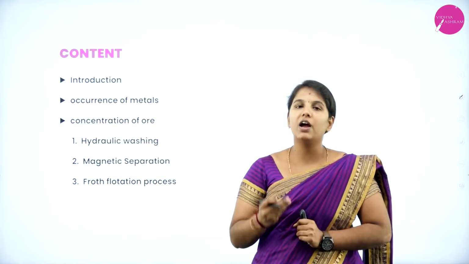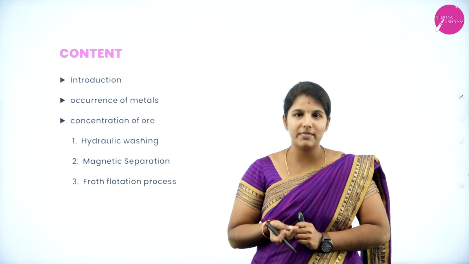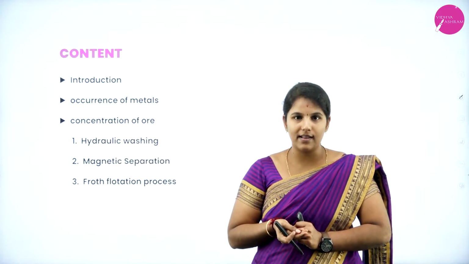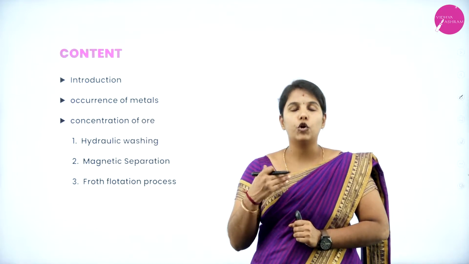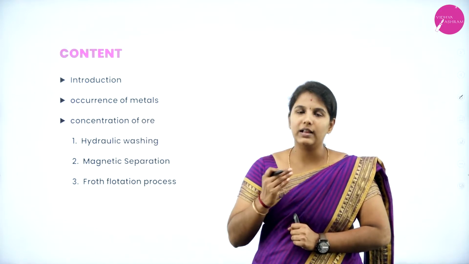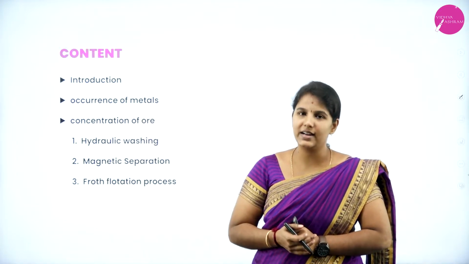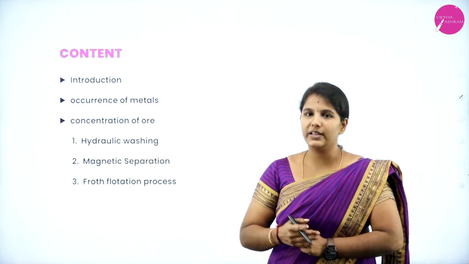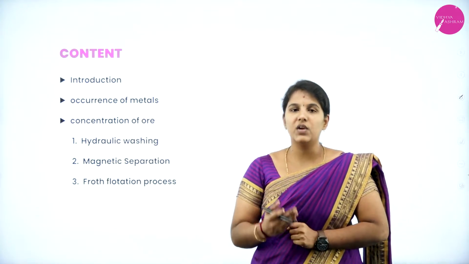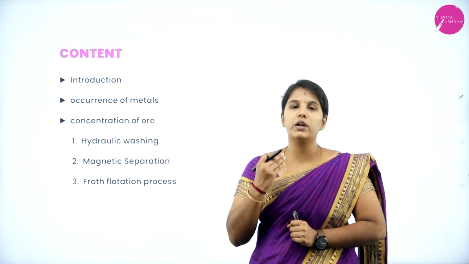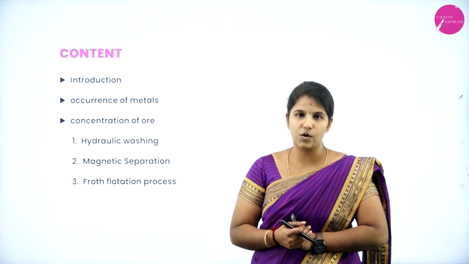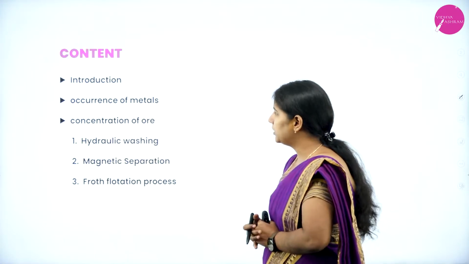Under that, we are going to understand what is metallurgy, what is mineral, what is ore, what is gangue, and all that. And in the occurrence of the metal, we are going to understand the 4 important occurrences of the metal along with the ore.